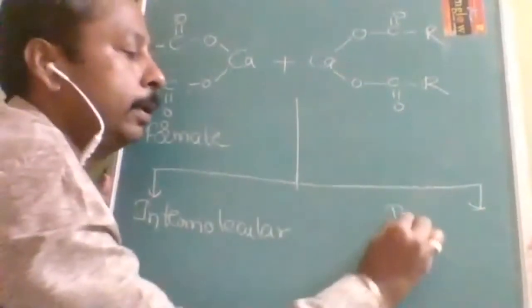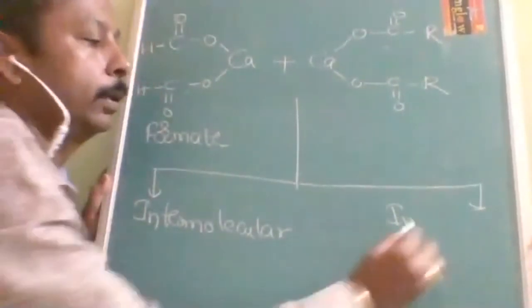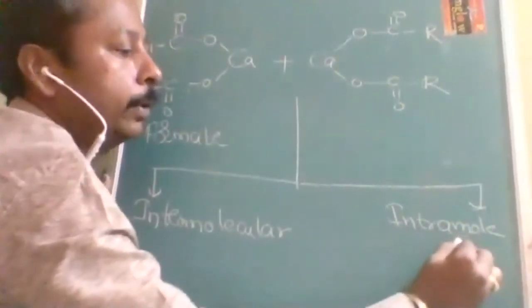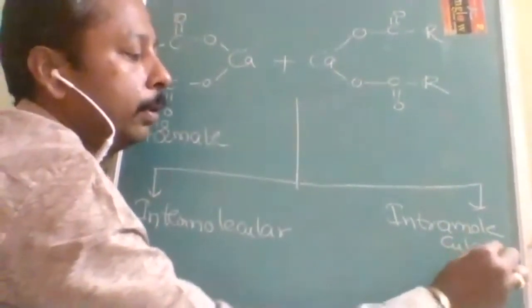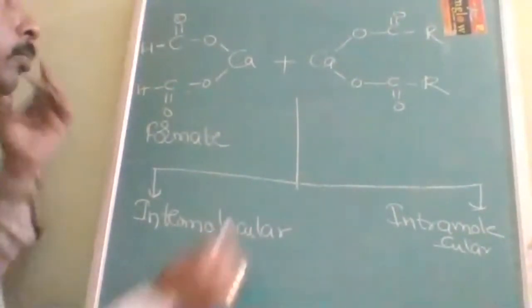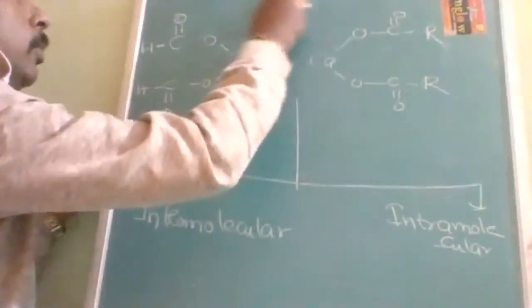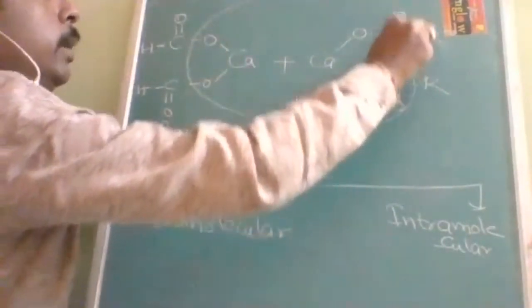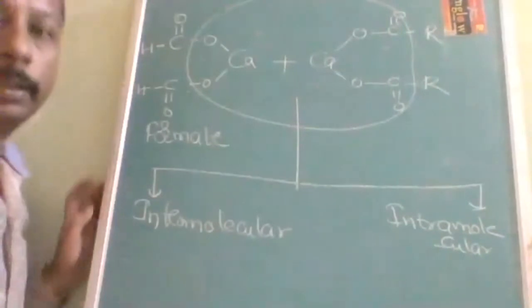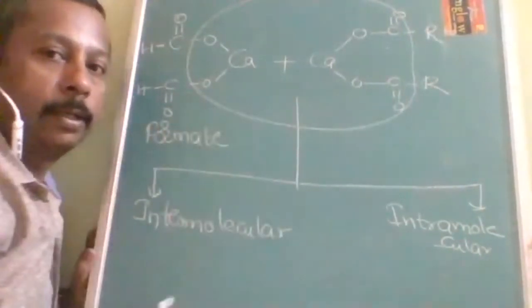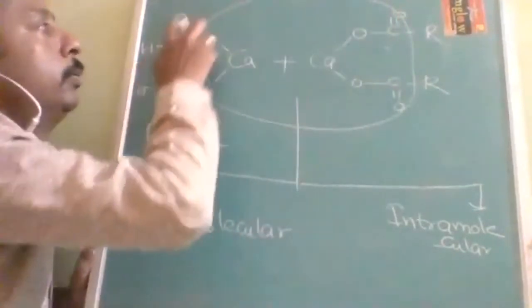Another is intramolecular dry distillation. Intermolecular means 2 moles are losing 2 moles of CaCO3, like this. One is losing here, another is losing here. Then RCHO.